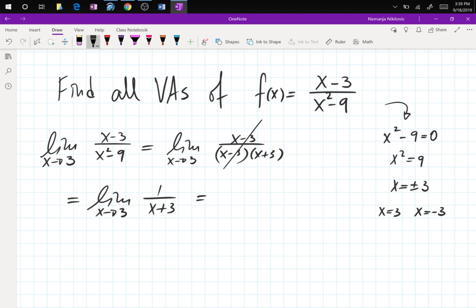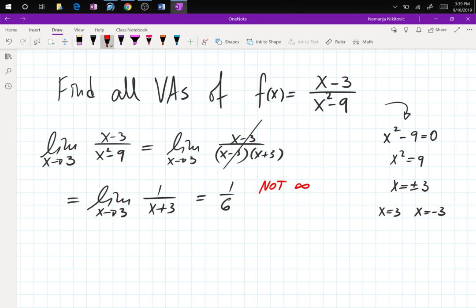When you plug in 3 for x, you get 1 over 6. So the limit is, let me write it in blood, not infinity. What is the requirement for a vertical asymptote? It has to be one of the infinities. Is 1 over 6 that?